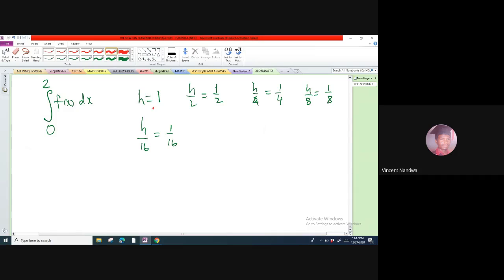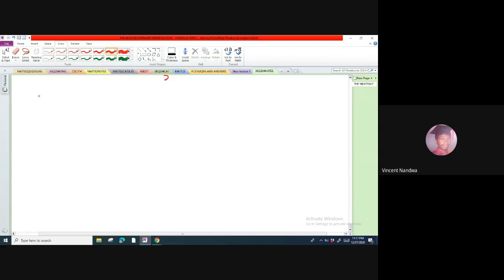So this is how you form your scheme. This one corresponds to I1, this one I2, this one I3, this one I4, this one I5. Then write your scheme as I1, I2, I3, I4, I5.